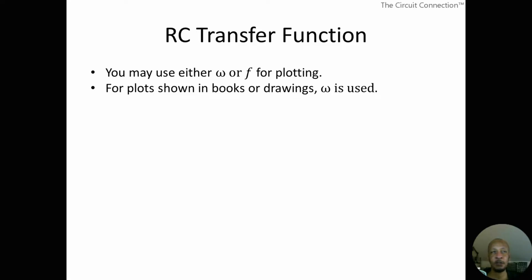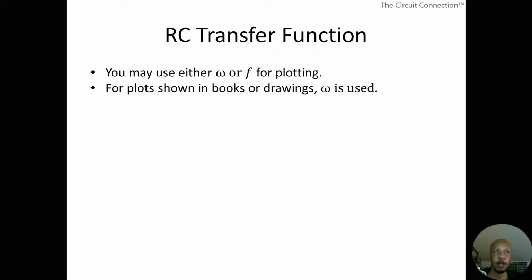Some books call W, omega, an angular frequency, but nonetheless, they both represent frequencies, because ultimately W encompasses F, and I'll get to that in a couple more slides probably. So anyways, you may use either W or F for plotting.